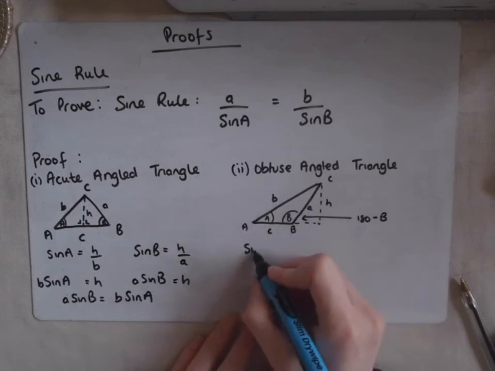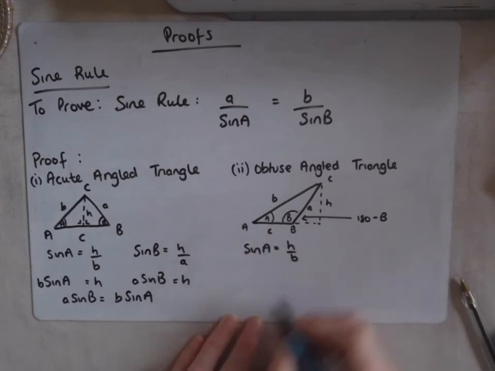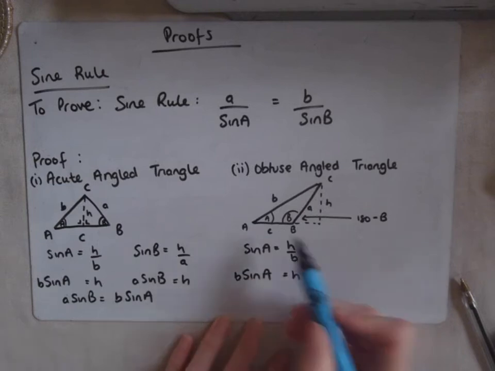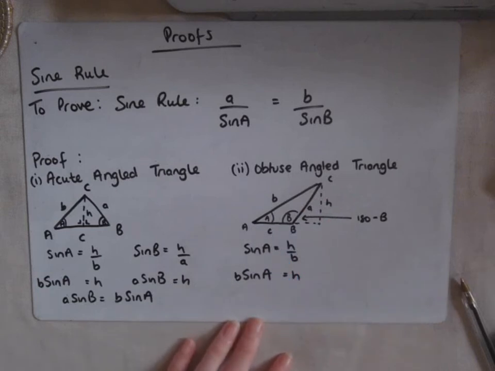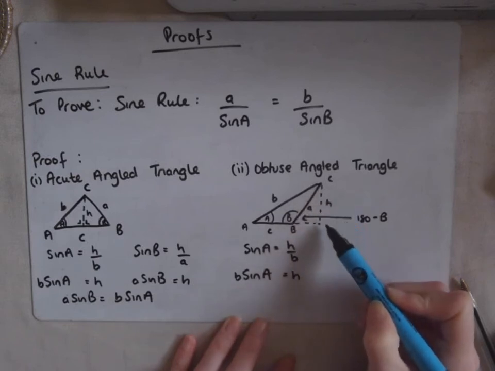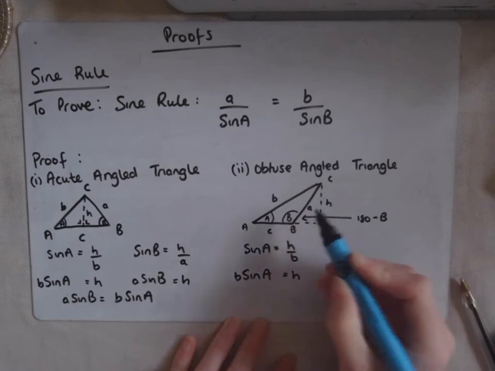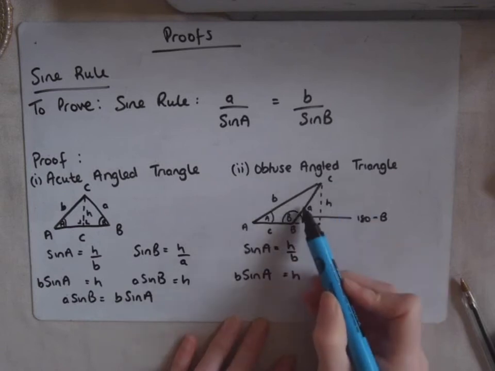So same thing again, sine of A is h over b, so h is b sine A. Now you're going to take this right hand side right angle triangle, this small one with the dotted lines, and you have sine of 180 minus B. Sine of this angle is opposite over hypotenuse.